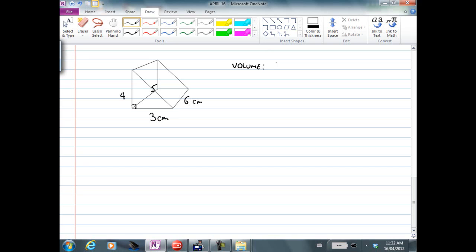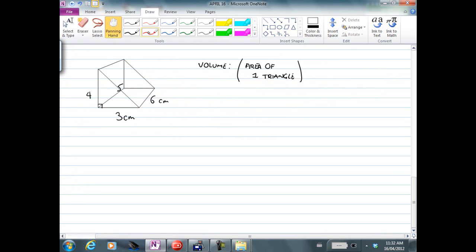Volume equals the area of one triangle. The key is one triangle. Doesn't matter which one you choose. Times the line joining 2 triangles. My formula is going to be different from the book.